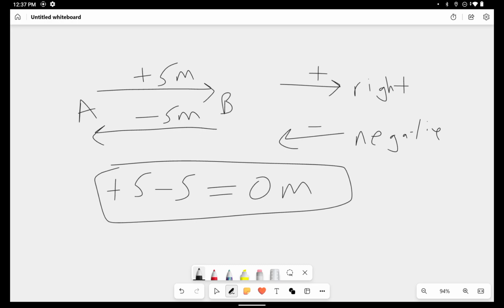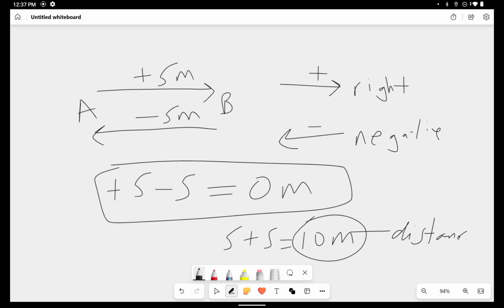Well, the distance covered is 5 plus 5, as distance has no direction, hence no sign attached to it. So distance will be 5 plus 5 is equal to 10 meters. That will be your distance, and 0 meters will be your displacement.